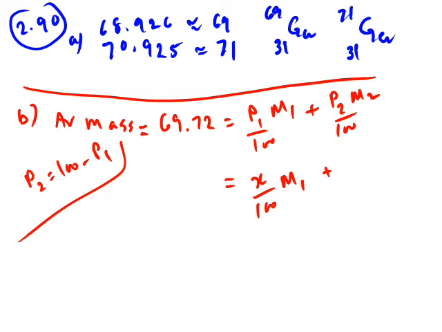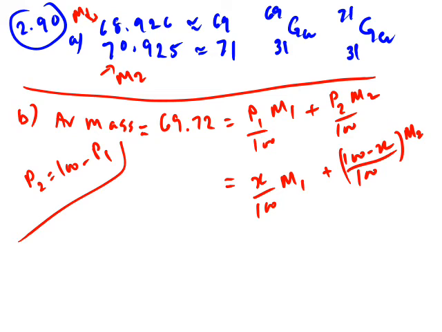And the other one is going to be 100 minus X over 100 times the mass of isotope 2. Okay, let's now label them. The mass of isotope 1 is 68.926, so let's write down M1, and 70.925, we're going to call it M2.